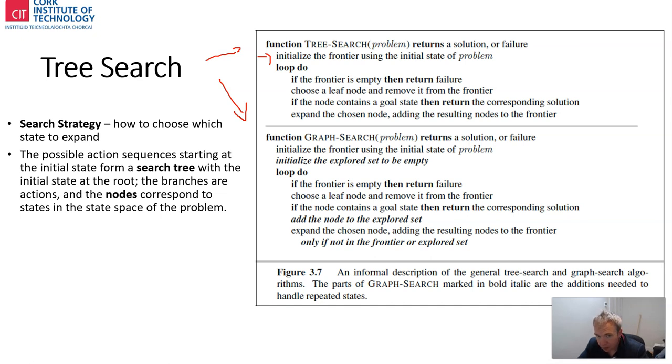Arad is not a goal state, so we do not return a solution. Expand the chosen node, adding the resulting nodes to the frontier. So we expand Arad, which results in 3 new branches being generated, which gives us access to Sibiu, Timisoara, and Zerind. These 3 are added to the frontier, and then the loop continues because the frontier is not empty again, and it goes on and so forth. Okay?